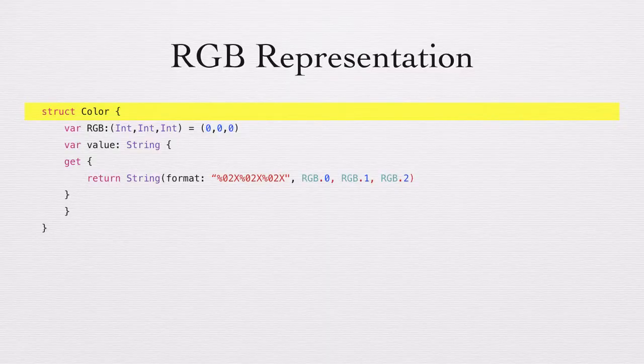In this example, we declare a structure called color. The property called RGB holds a tuple consisting of three integers corresponding to red, green, and blue components of the color. The property called value is of type string.